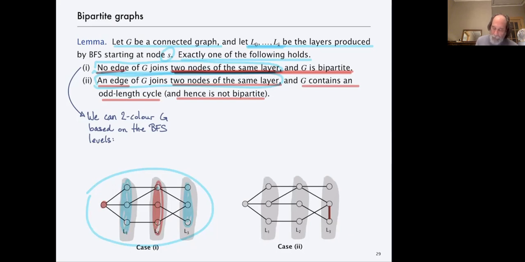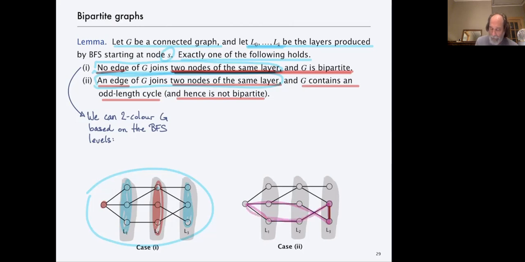If we go to this picture, though, suppose we do have an edge joining two nodes at the same level. Look what happens if we follow this path back to the start and then follow this path down to this node. What do we see?